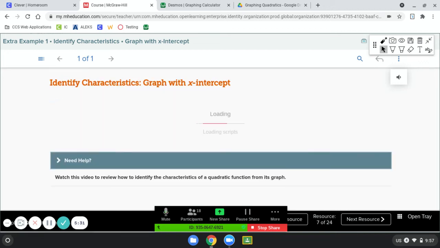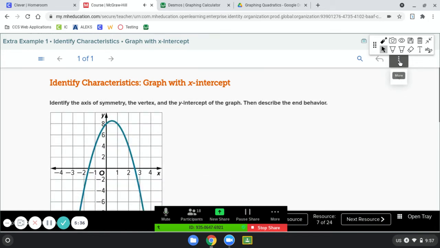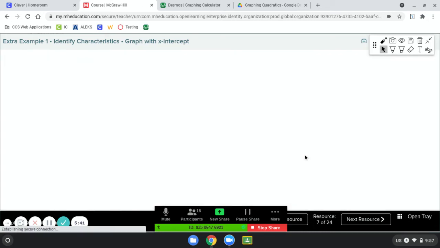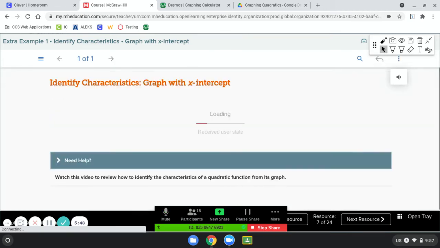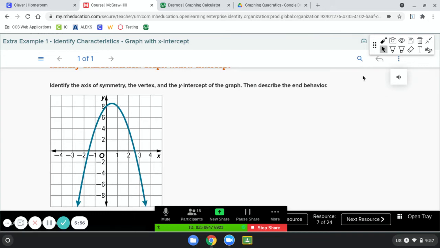So the next example is with no x-intercepts. Again, we're identifying the axis of symmetry, the y-intercept, the vertex, and the end behavior. The easiest thing to do is to find the vertex first, because once you find the vertex, you can get the axis of symmetry from that.